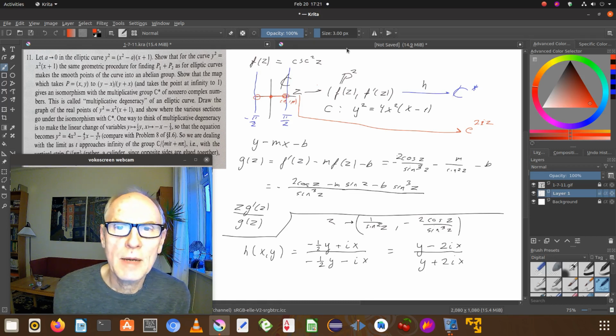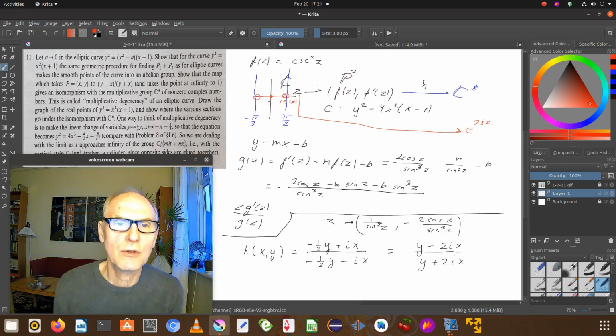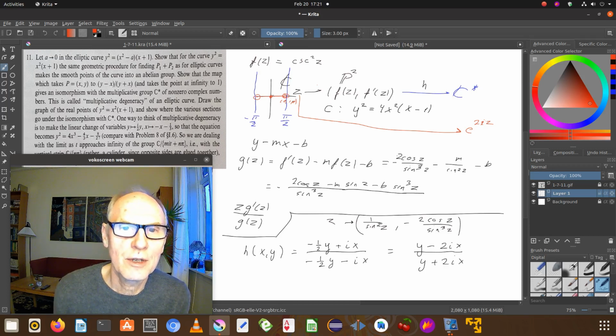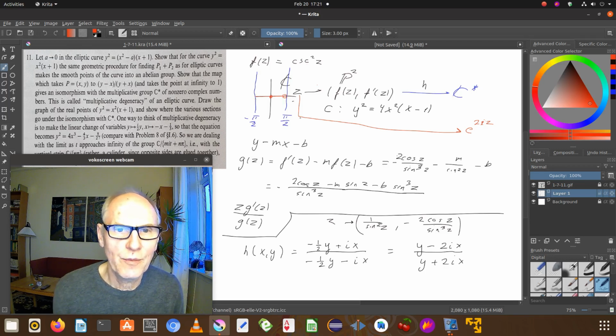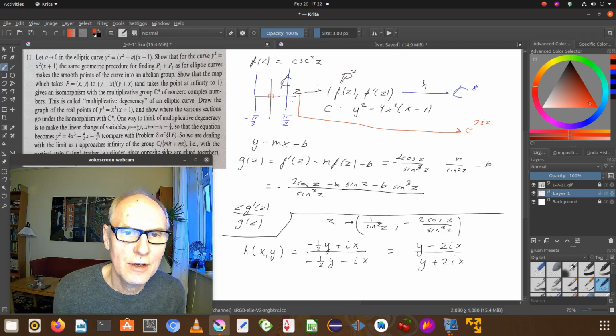They both map to infinity. No, that's false. I'm thinking about cosine, the 1 divided by cosine squared. So sine, once again, this is infinity, then it goes down to unity, and then at pi it's infinite again.